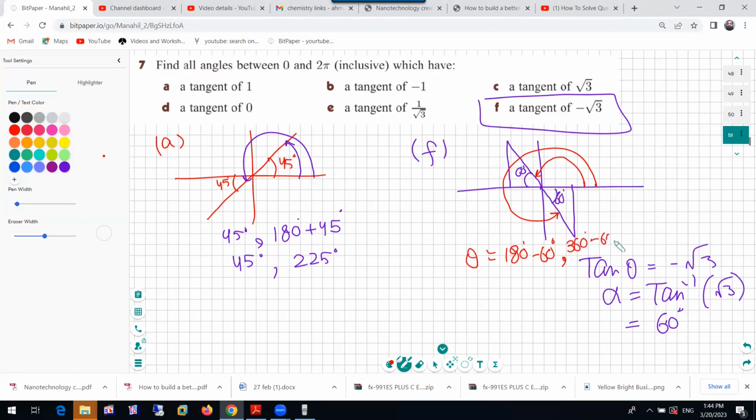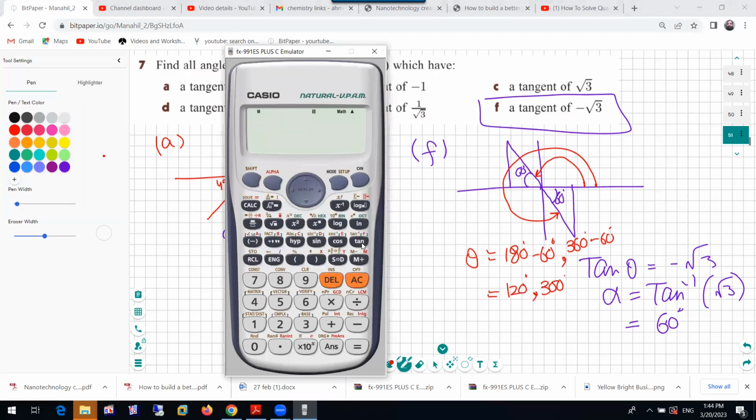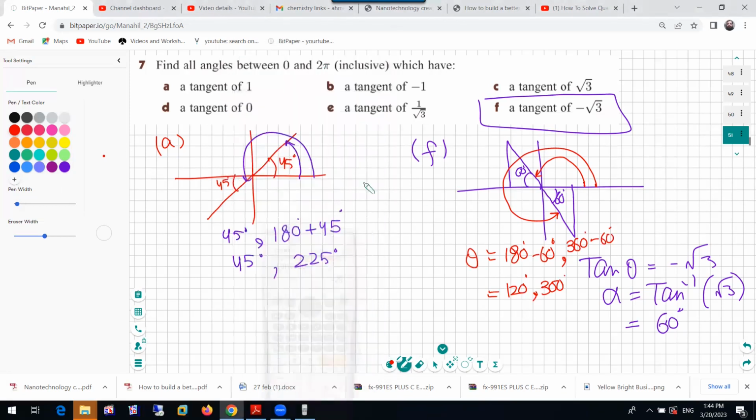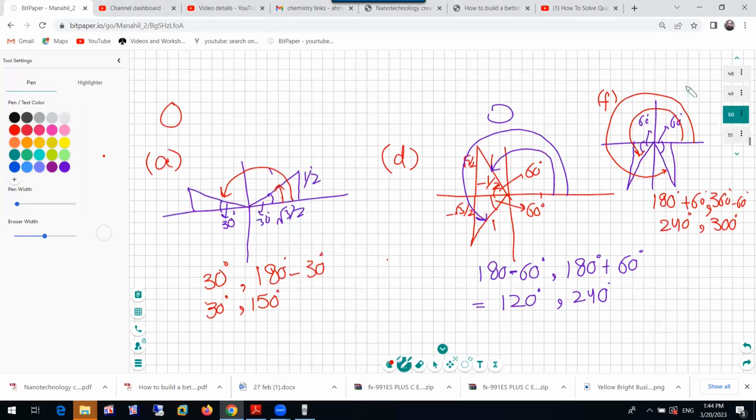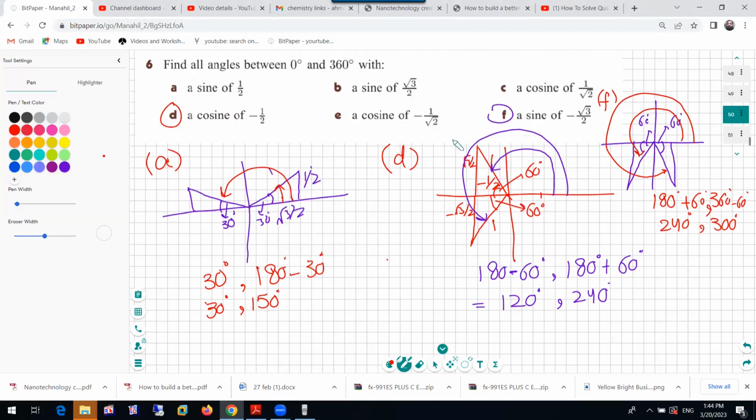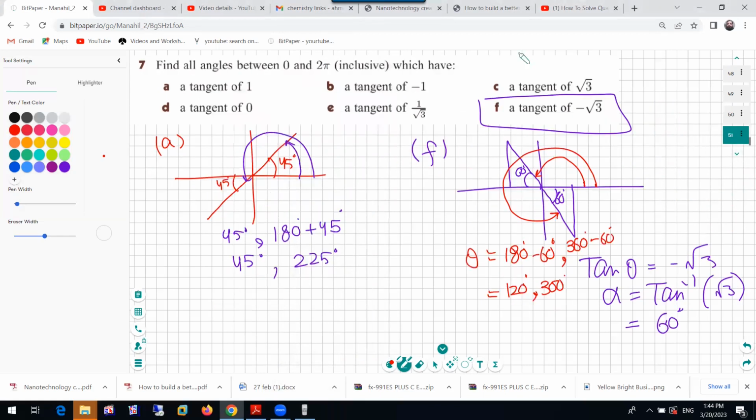So we get 120 degrees and 300. Let's see if your answer is correct or not. So tan 120, correct. And tan 300, yes, same. You can even use the calculator, even in the previous question as well, to find the basic angle. Clear?